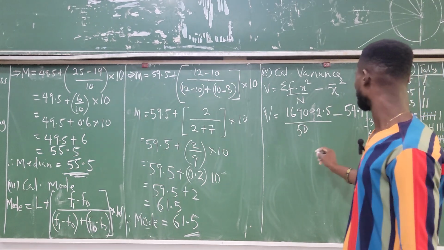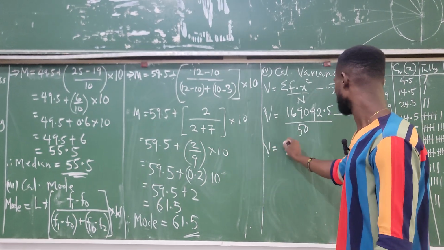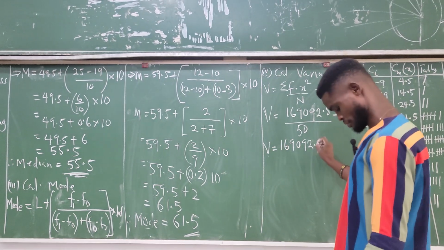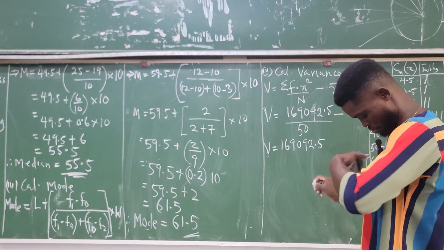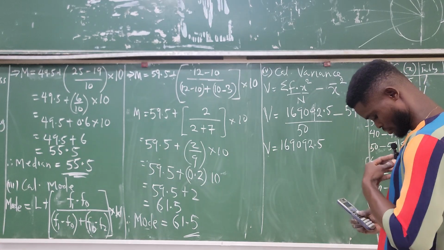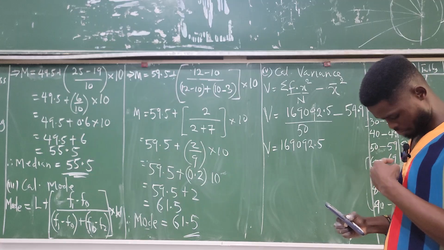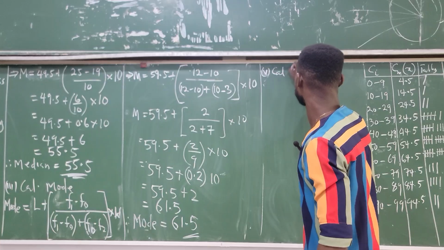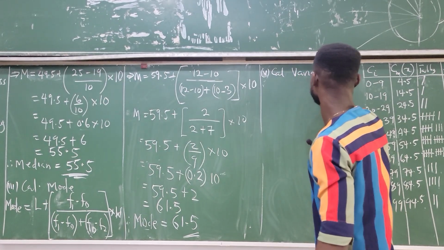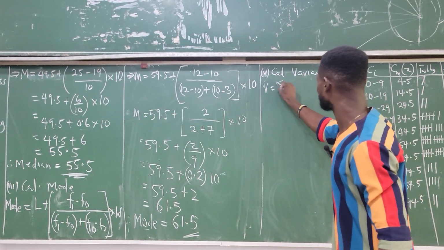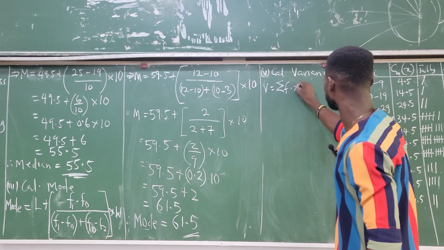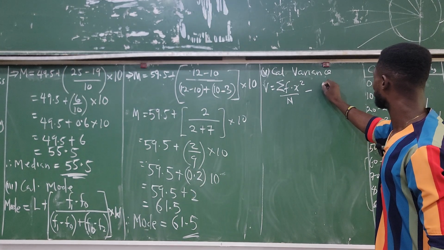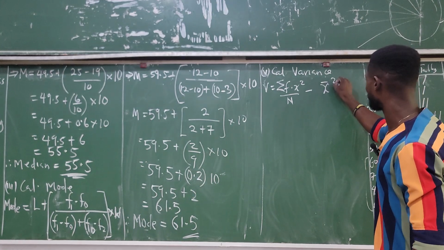So we'll have your variance. You have to calculate variance. So variance will be summation of f dot x square over n minus x mean square.